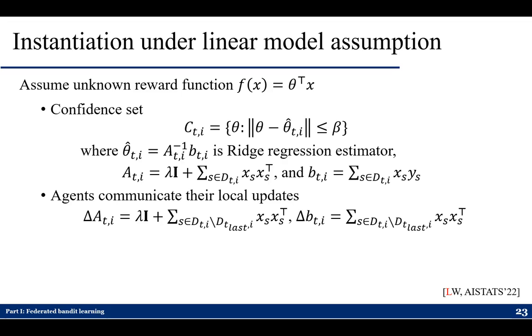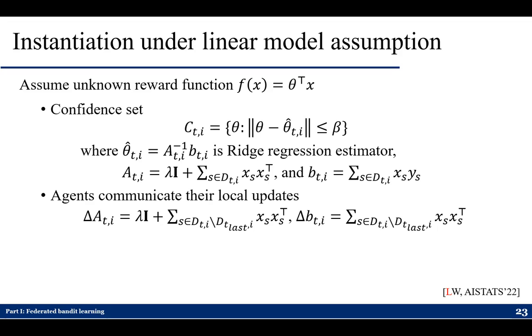So when we use linear regression, for linear regression the confidence set simply has the form of an ellipsoid, and this ellipsoid is constructed by a matrix A and a vector b. We just mentioned that as well. Therefore, what agents communicate is simply their local updates, denoted by delta A and delta b.